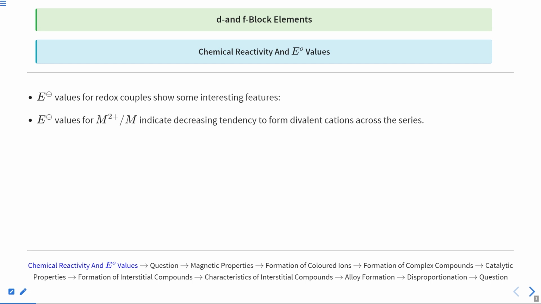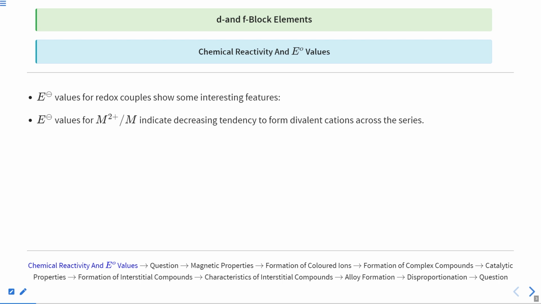Now, the E0 values of redox couples show some interesting features. The E0 value of M2 plus and M indicates a decreasing tendency to form divalent cations across the series. So what does it mean? If you are moving from left to right, the tendency to go to the divalent cation, or you can say the tendency to get oxidized, reduces, right?